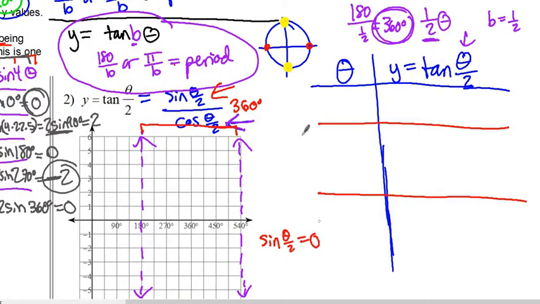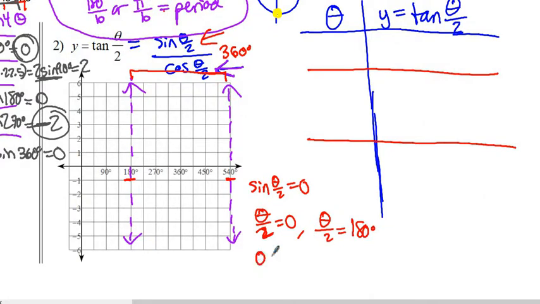The answer is, sine is 0 at 0 and 180. So we want this to be 0, or we want it to be 180, whichever one falls between 180 and 540.